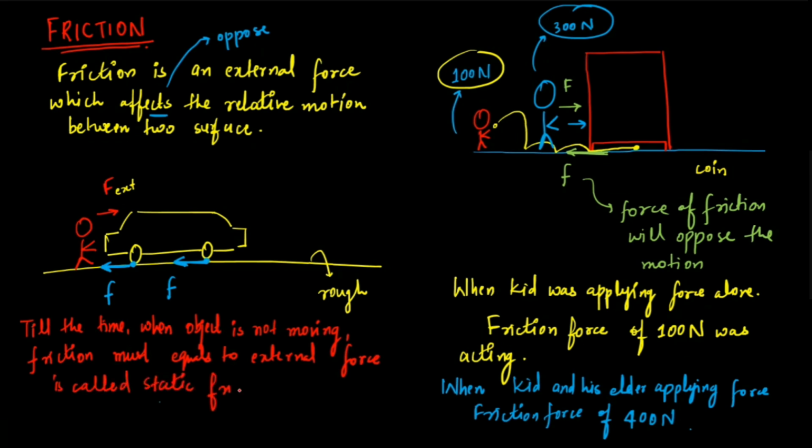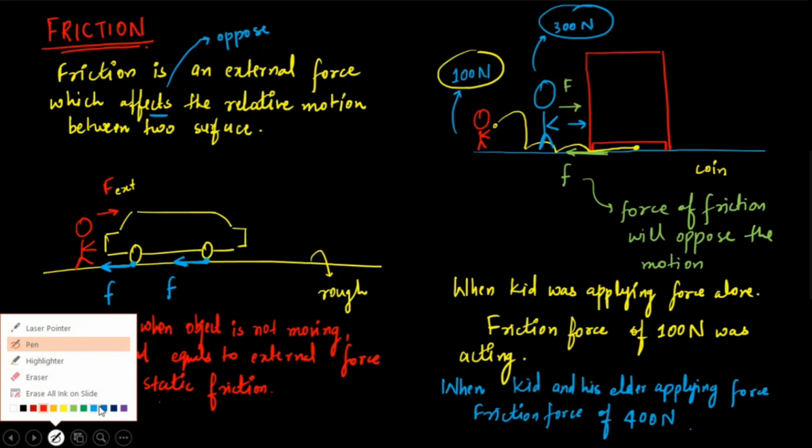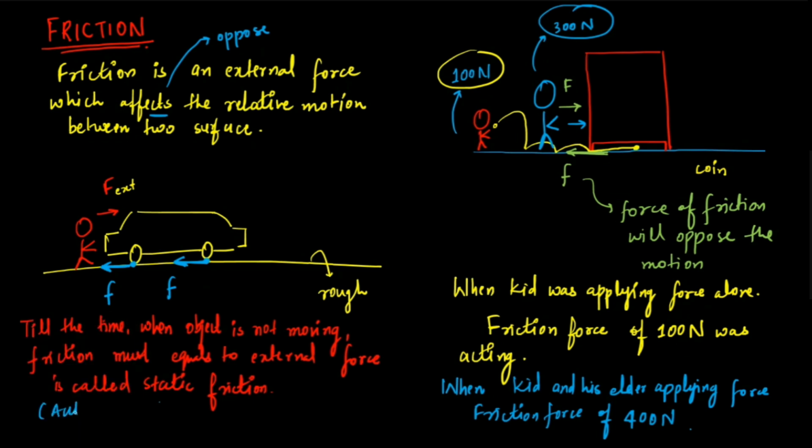If we are unable to move an object, there must be some force acting in the opposite direction of the external force, which is called static friction. And this value of static friction is the only force which is auto-adjustable in nature.